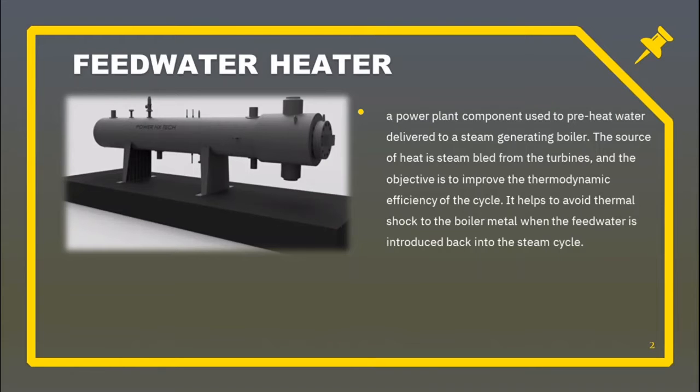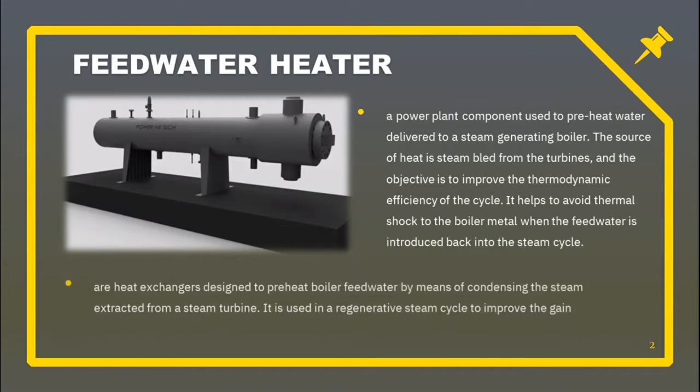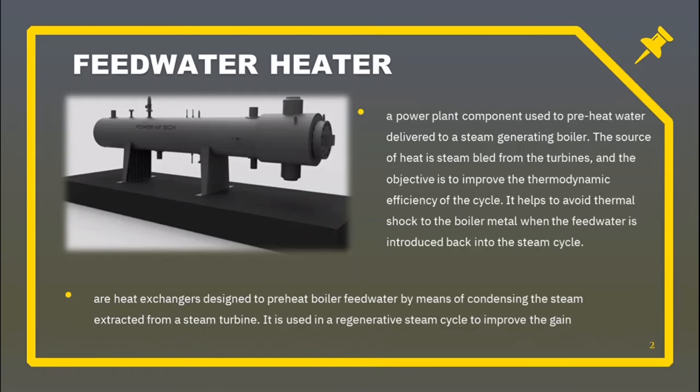Feedwater heaters are heat exchangers designed to preheat boiler feedwater by means of condensing the steam extracted from a steam turbine. It is used in a regenerative steam cycle to improve the gain.